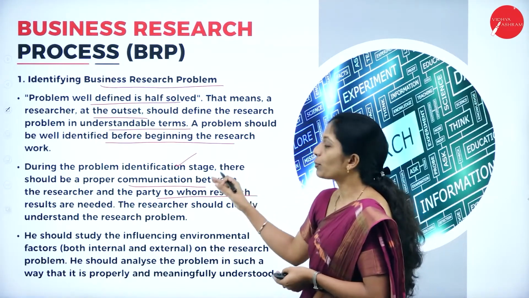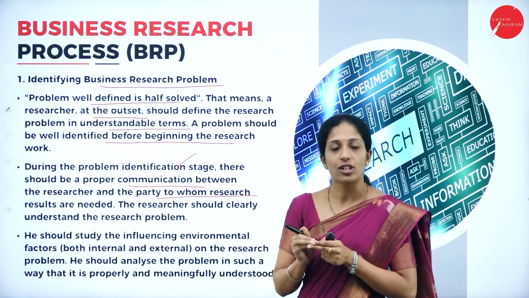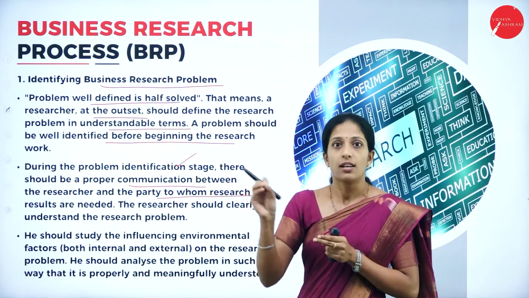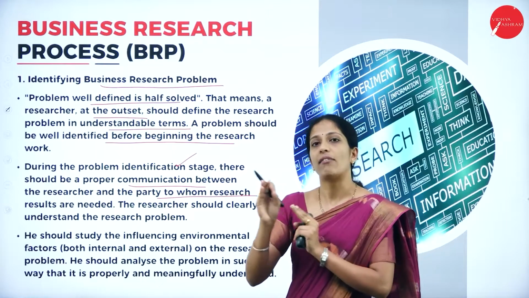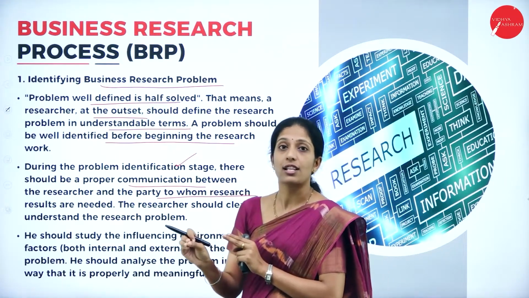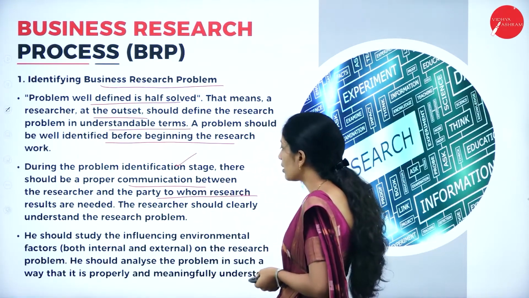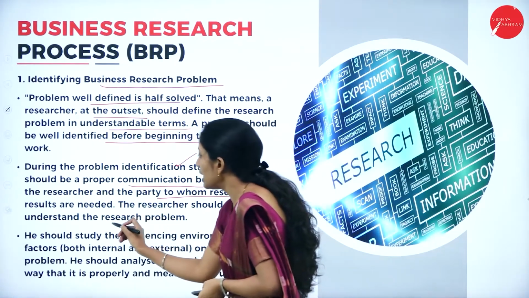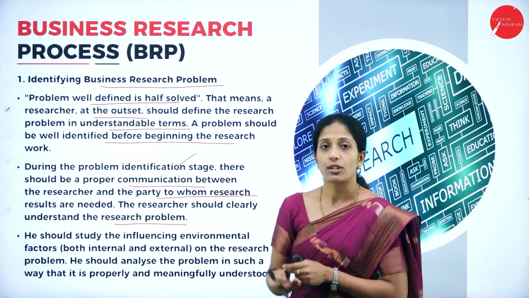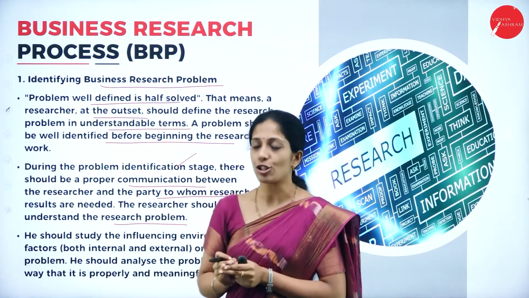So here there should be good communication between the researcher and the organization. The researcher has to have proper communication with the organization that has the problem in the purchase department. The researcher should clearly understand the research problem.